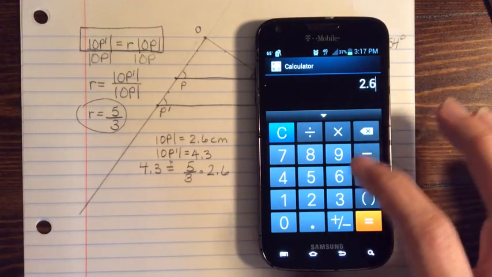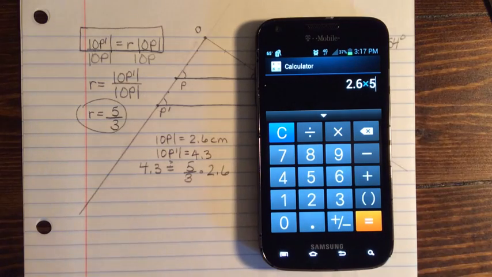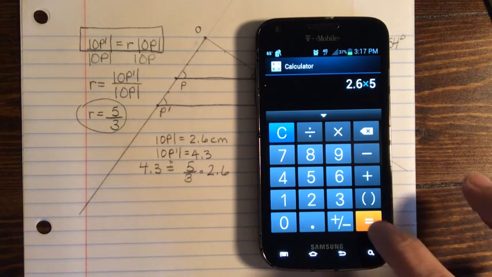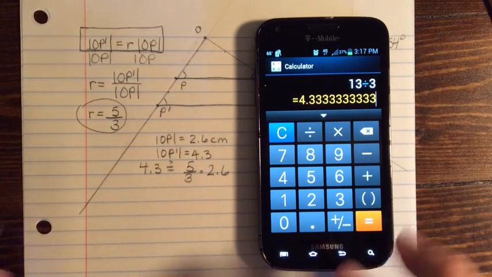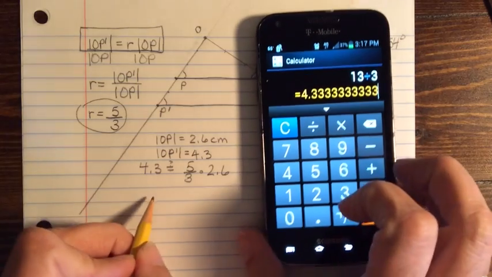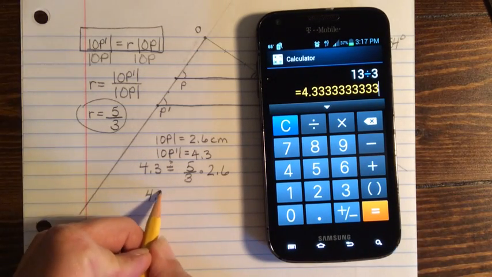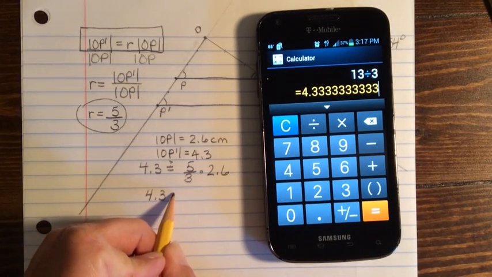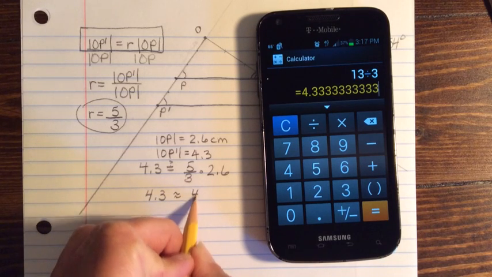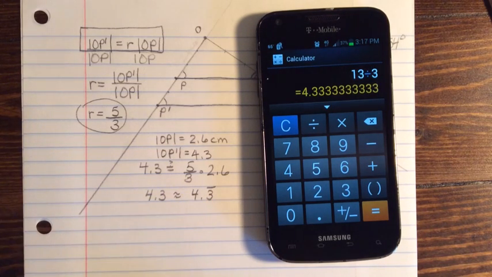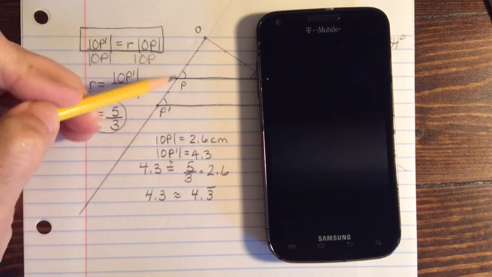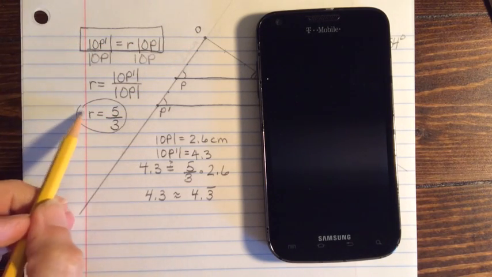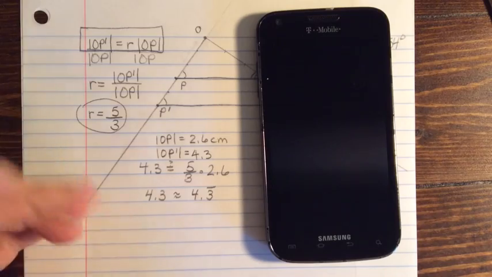So 2.6 times 5, I can hit equal, but it will work either way, times 5 divided by 3, and that's equal to 4.33333. So this is 4.3, and this is approximately equal to 4.33333, like that. So it does check out that OP and OP prime, the scale factor 5/3 does work.